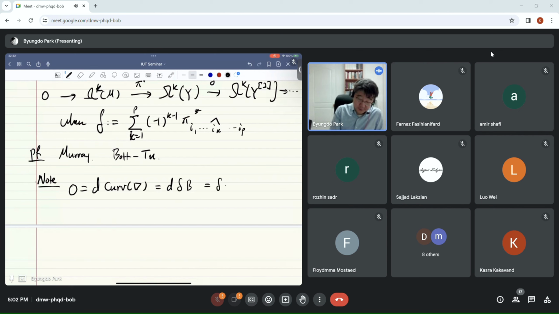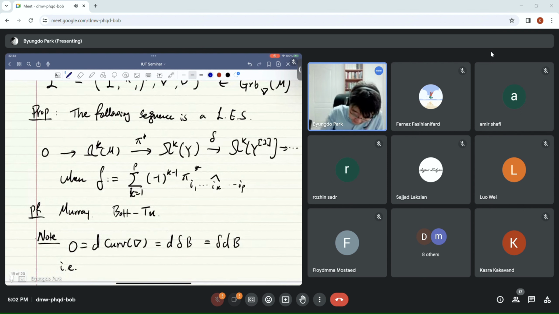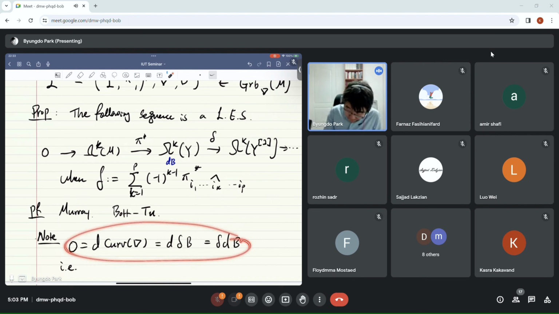But then d and delta commute. So it's a little bit confusing, but where does this dB live? dB lives actually here, and so this equation actually holds in here.